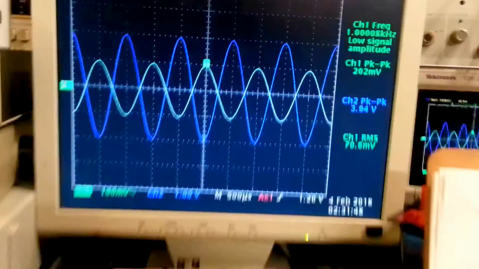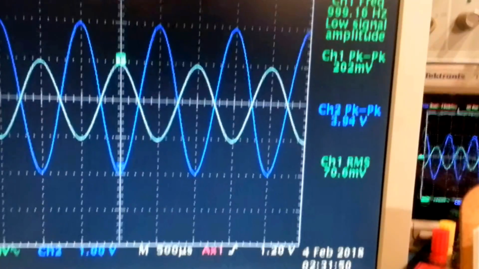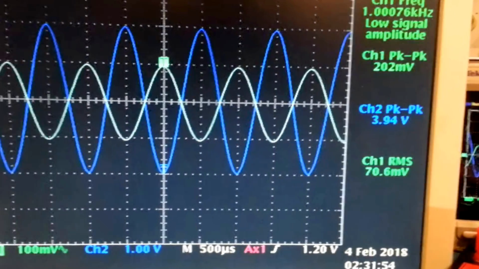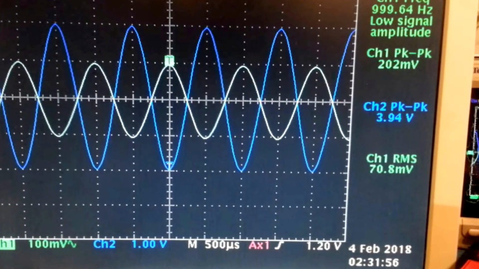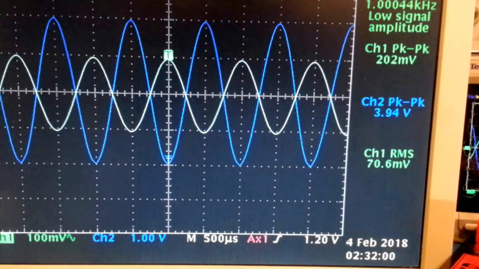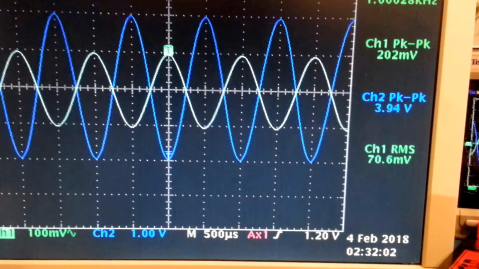We have also seen our voltage gain, which has increased to just what we calculated, minus 19.3. So it's very close to that. We got minus 19.6. Now let's take a look at our input impedance.